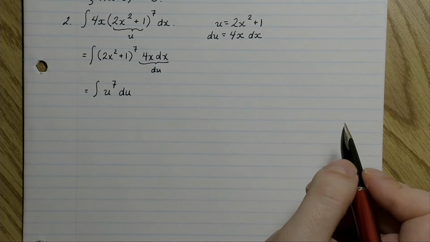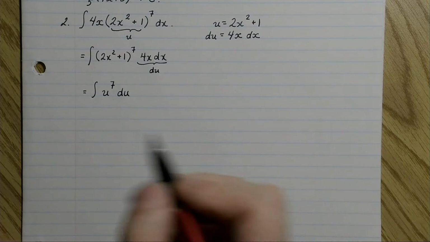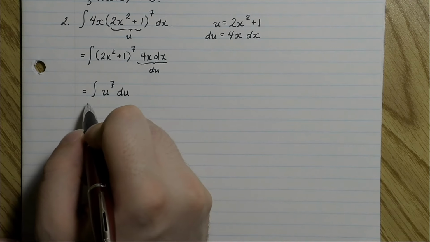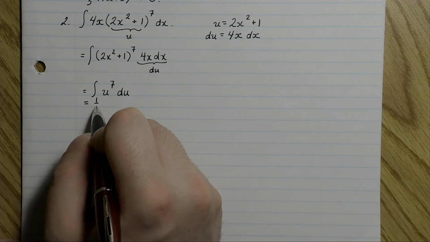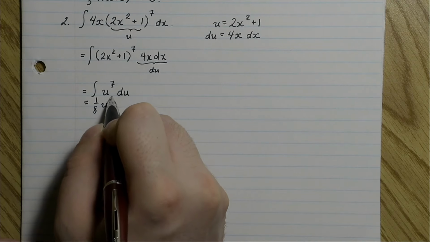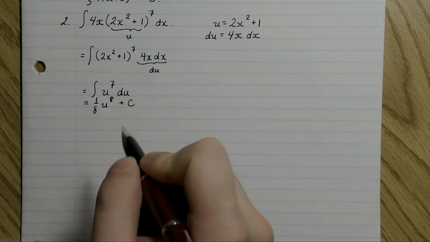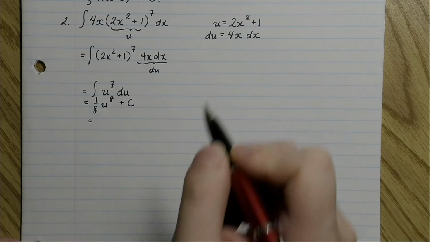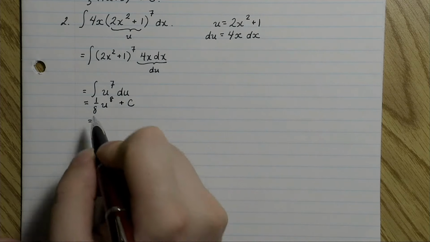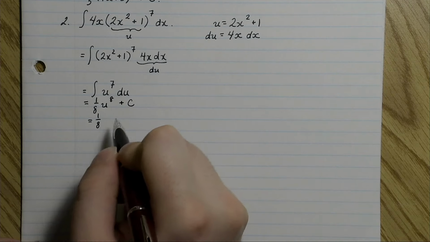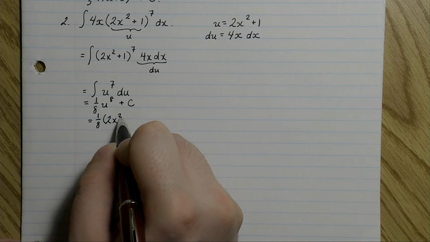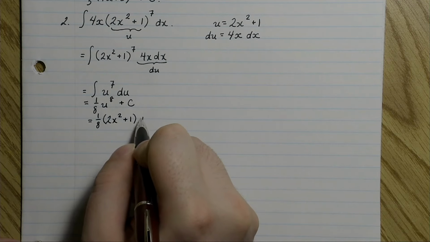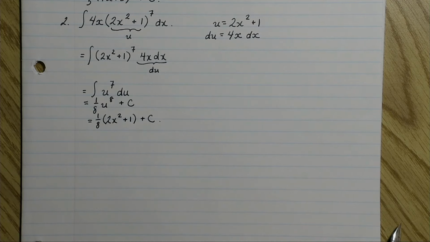Oh, gotta make sure that I don't clip off the question. Which, when we integrate that, becomes 1/8 u to the 8th plus c. And then our final part is substituting the u back in. That's it.